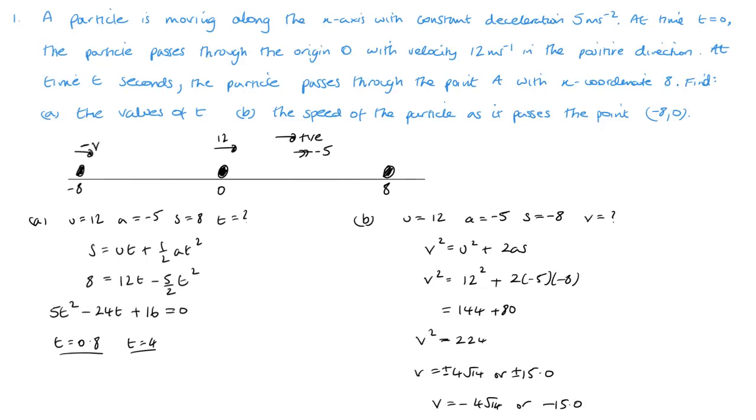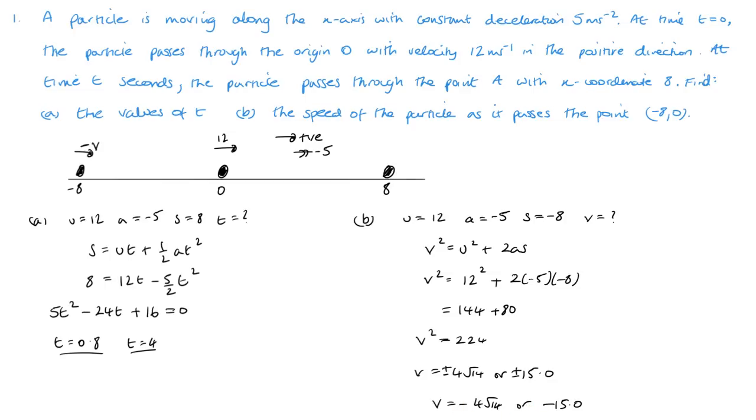or you could say it's that speed in the opposite direction. Okay, so it is basically 15, but because we've gone this way and then slowed down and eventually gone this way, then your speed is going to be going this way. But it all depends on which direction you take as positive, as to whether you've got a positive or negative answer there.